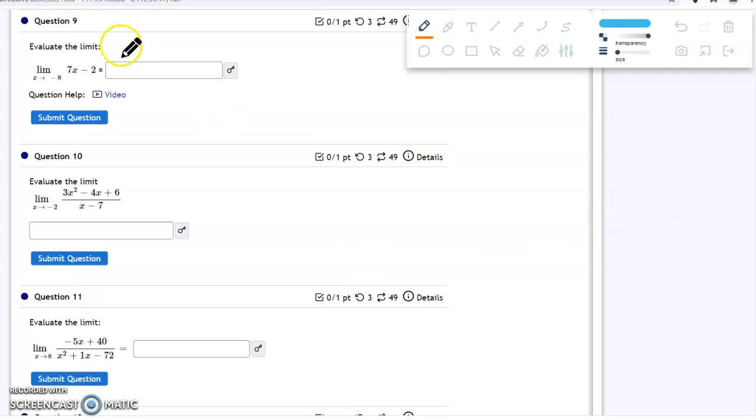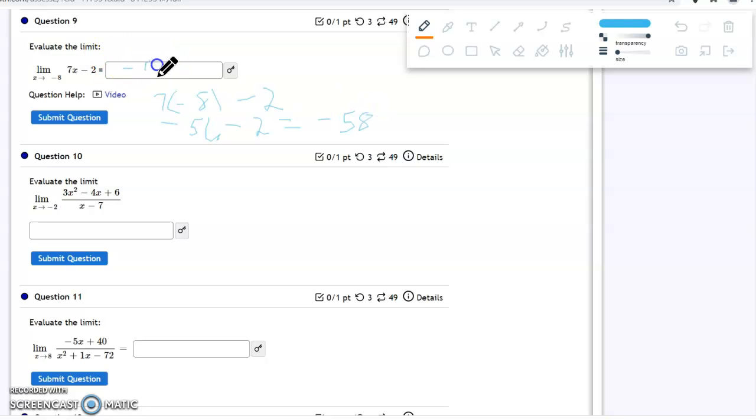Let's very quickly do number 9. If this value does not cause a 0 in a denominator, we can just plug it in. So the limit as x approaches negative 8, we just plug it in, is negative 56 minus 2, or negative 58.